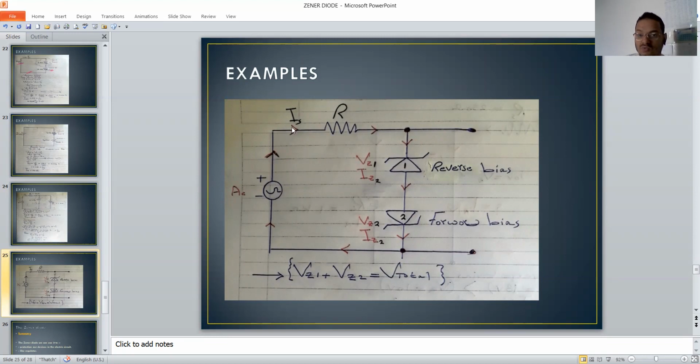Here the current direction will tell us, for example, here it's reverse bias, but here it's forward bias, plus the positive terminal to the anode of the Zener diode, and after that come back to the negative terminal of the source.